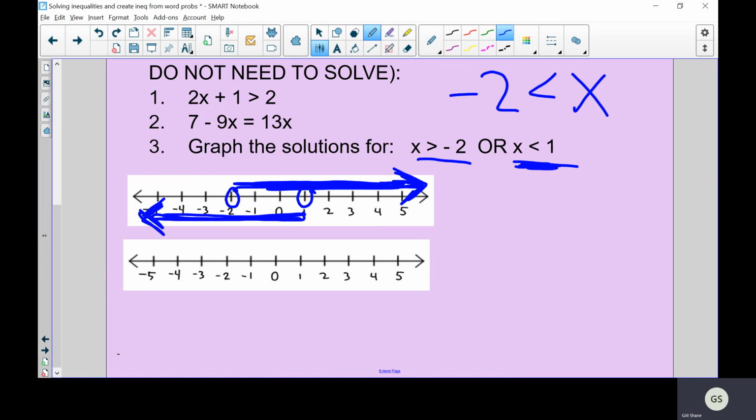Now, we need to create the second graph, the final answer. So for an OR compound inequality, anywhere the original graph is shaded is a final answer. And we need to shade that section of the second graph. So really quickly, there are 3 sections, and they're separated by wherever you put the 2 original circles.